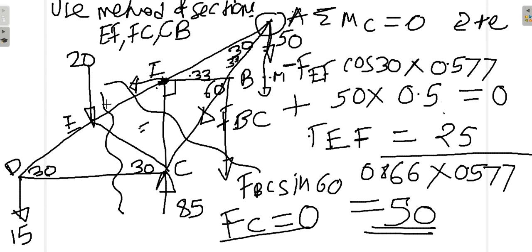We will consider only this section now, and we will consider only the left hand side. There are only two forces, one will be 20 and one will be 15. So I am erasing everything else. We will also get EF when we verify that the answer is 50. We will also get EC and we will also get DC. DC we already computed and the answer was, I think, 30. So let us verify if we are getting the same answer.